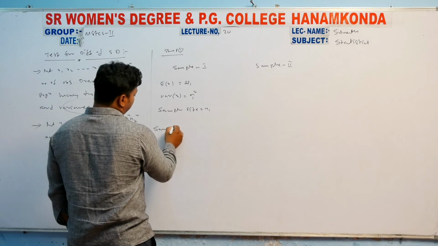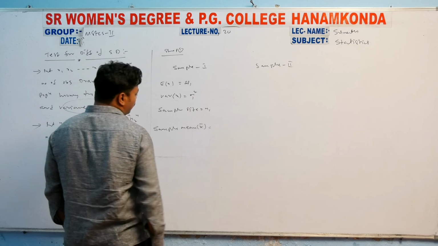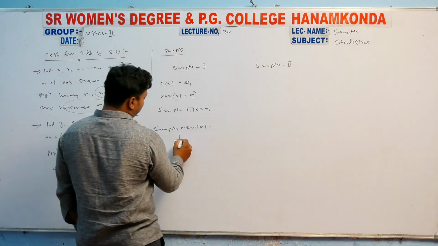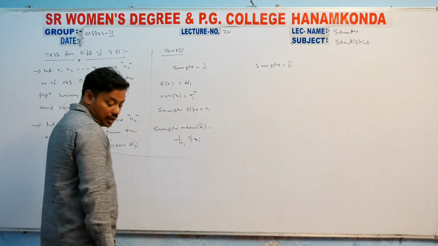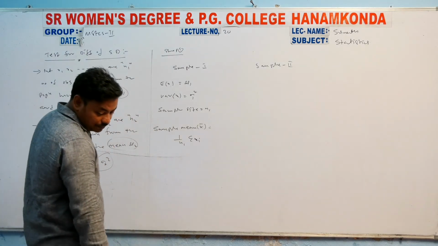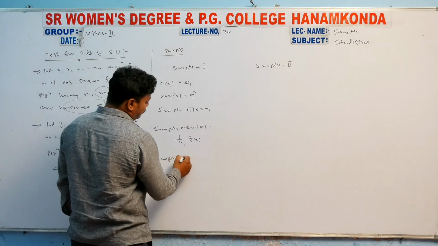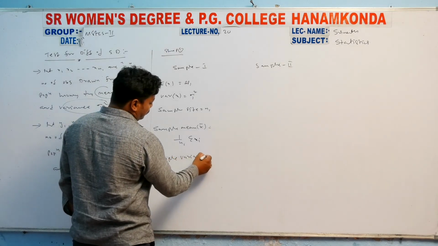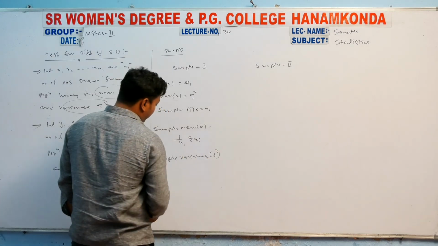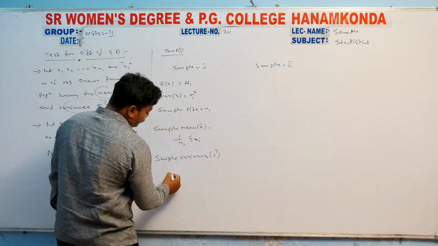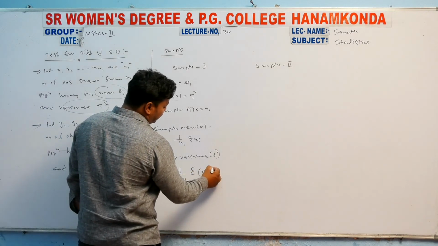Sample mean x bar is equal to 1 by n1 summation xi, and sample variance s1 square is equal to 1 by n1 summation xi minus x bar whole square.